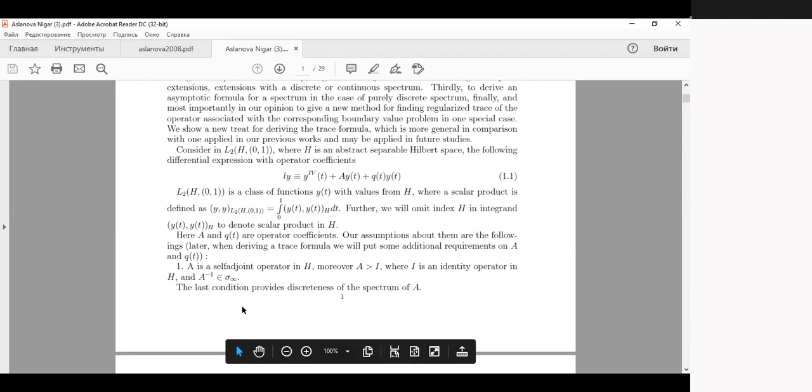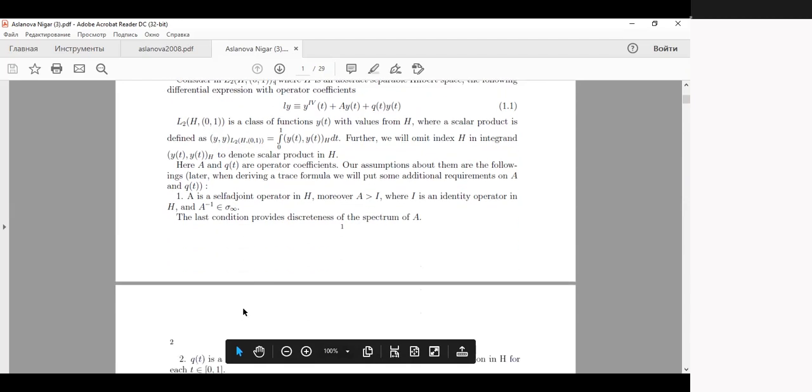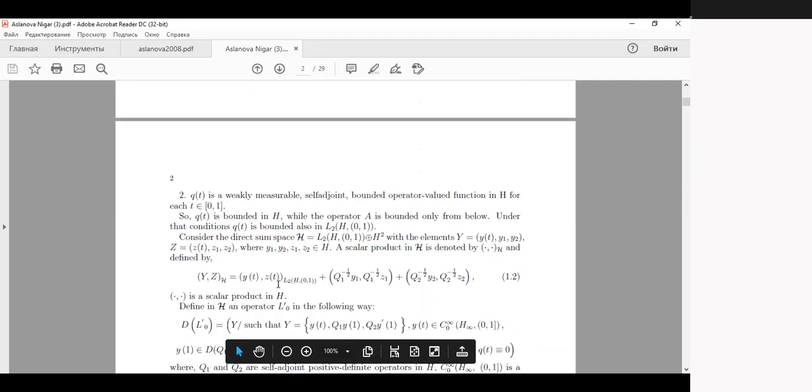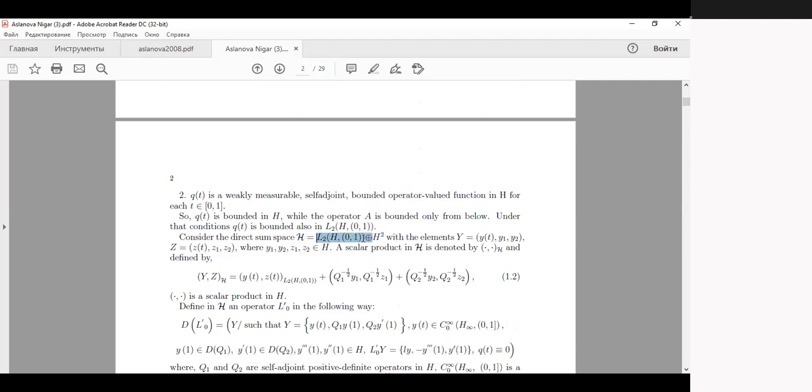Now our aim was, okay, look, we introduced the new space, that direct sum, as if we exit from the previous space and take the direct sum with H2. H2 is copies of H, that separable Hilbert space. And here, surely, a new scalar product is defined.